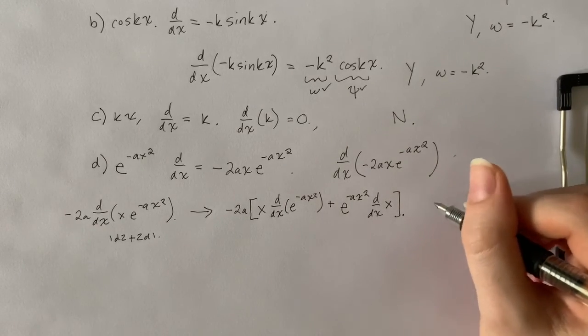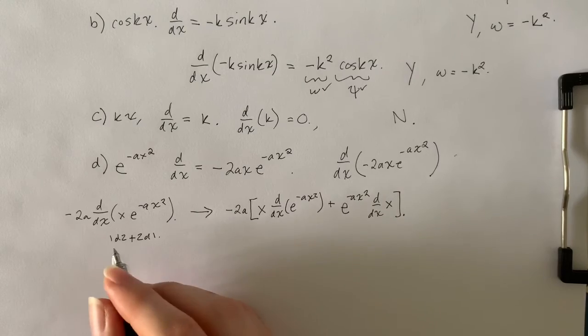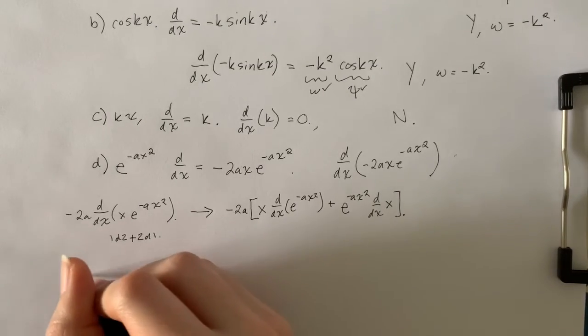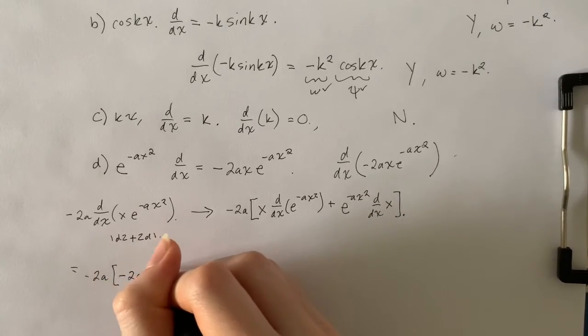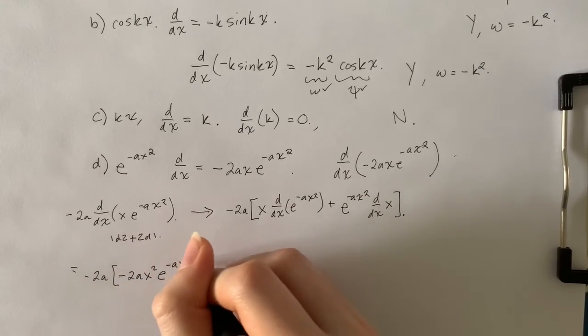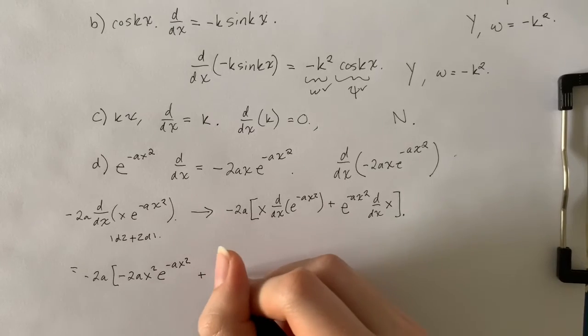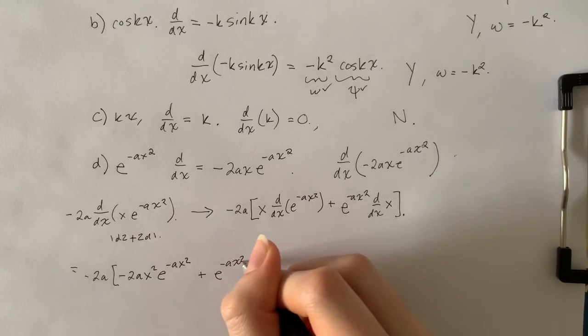Simplify. We get minus 2a, negative 2a x squared e to the minus ax squared, plus e to the minus ax squared.